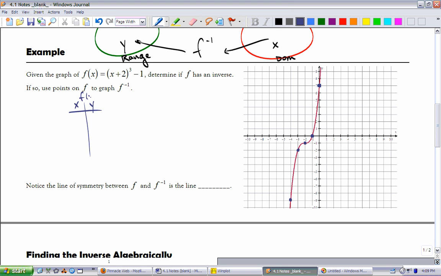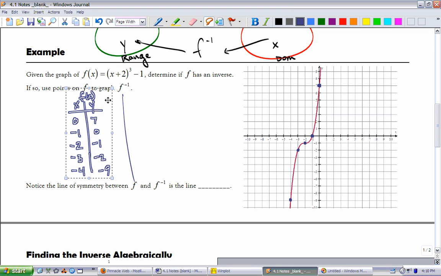So if I take a look here at f(x), you notice I found some points, like (0, 7) is a point, (−1, 0) is a point on our function, (−2, −1) is a point, (−3, −2) is a point, and then our last one here that I have on there is (−4, −9). Okay, now what's nice about this is on its inverse, and maybe I'll put these in red so we can distinguish those from the graph.